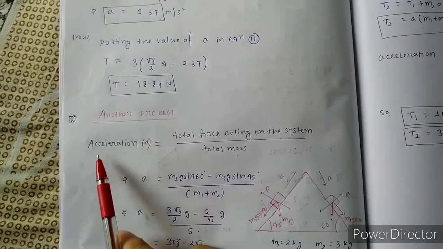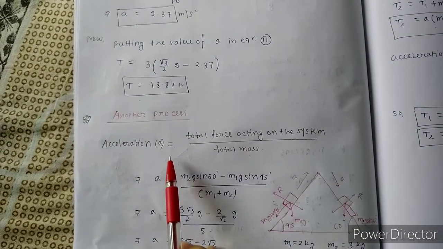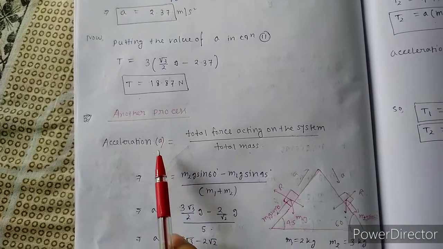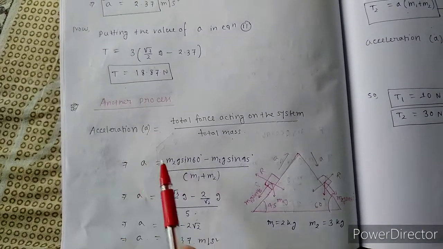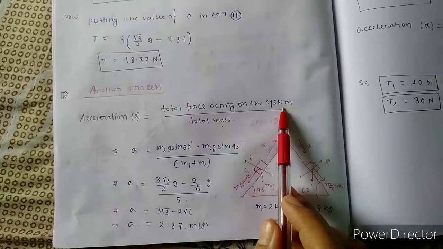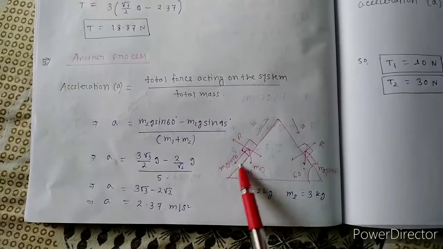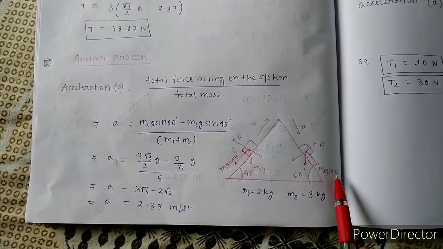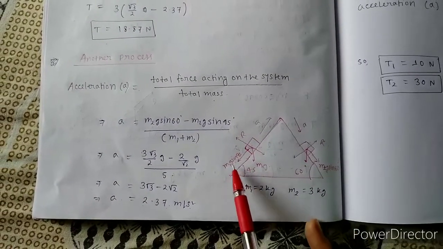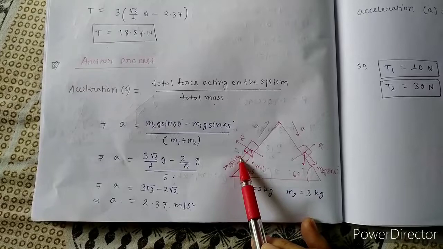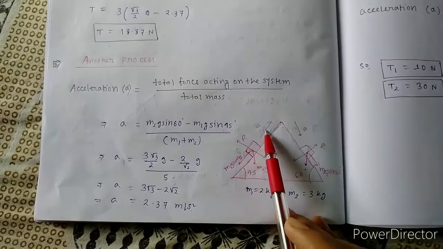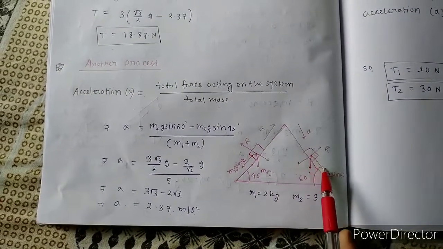Now we discuss an easy process to calculate the acceleration of the system. We know the acceleration equals the total force acting on the system divided by the total mass. So in the figure we can see m2g sin 60 degree is greater than m1g sin 45 degree, as the mass m1 is moving upward and m2 is moving downward.